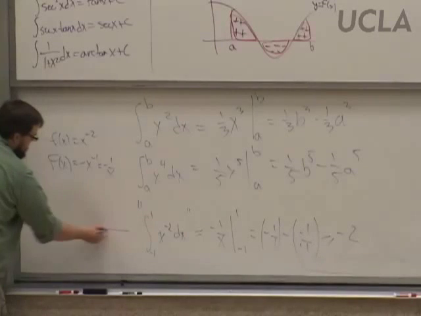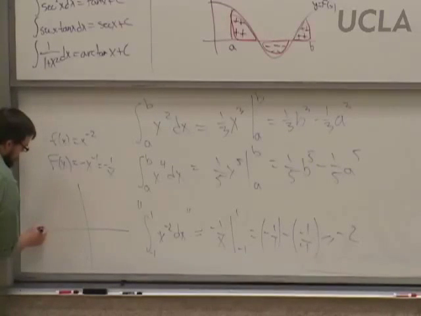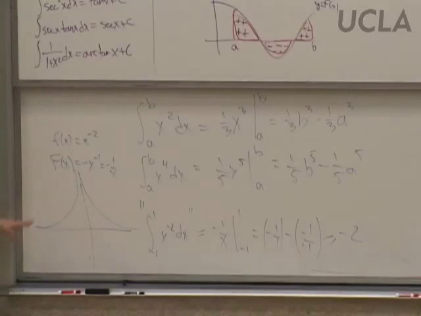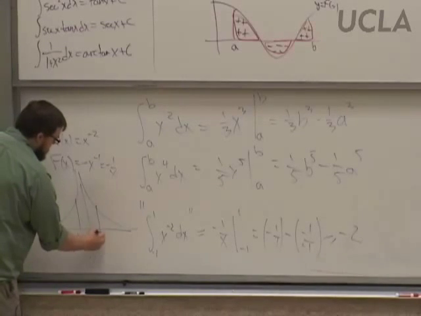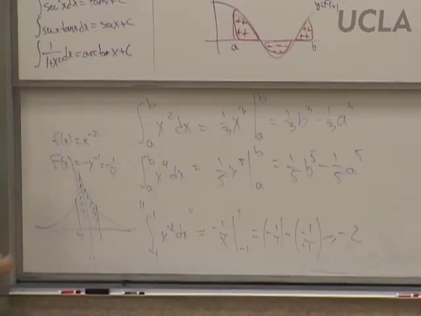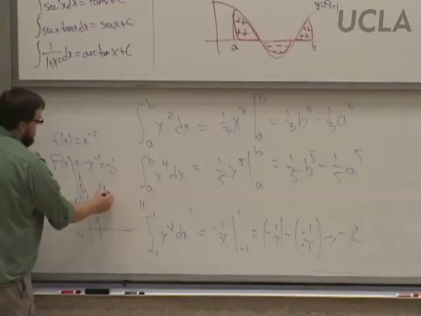Well, let's see what the picture of 1 over x squared looks like. The graph of 1 over x squared looks like this. And I'm going from -1 to 1. So I'm looking for this area. So should this area be -2? No, it shouldn't be. In fact, this area blows up.